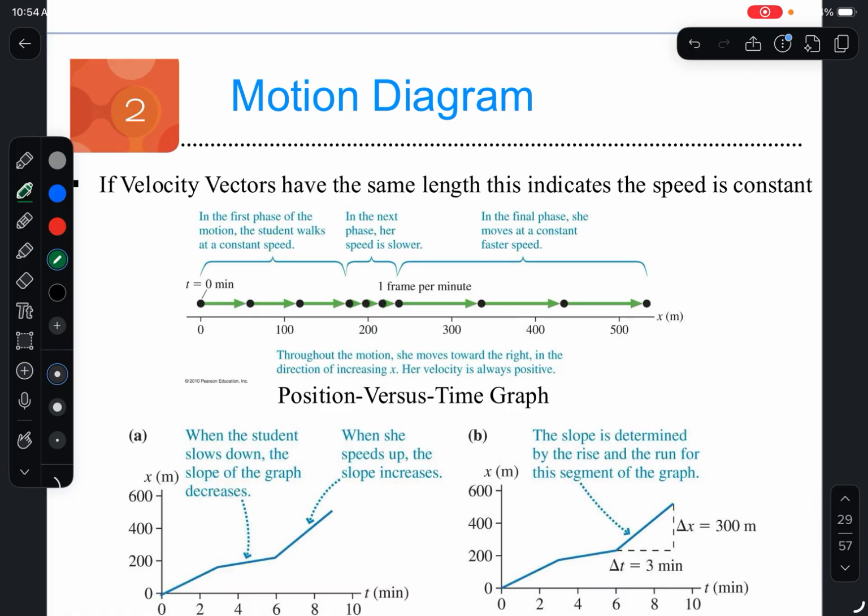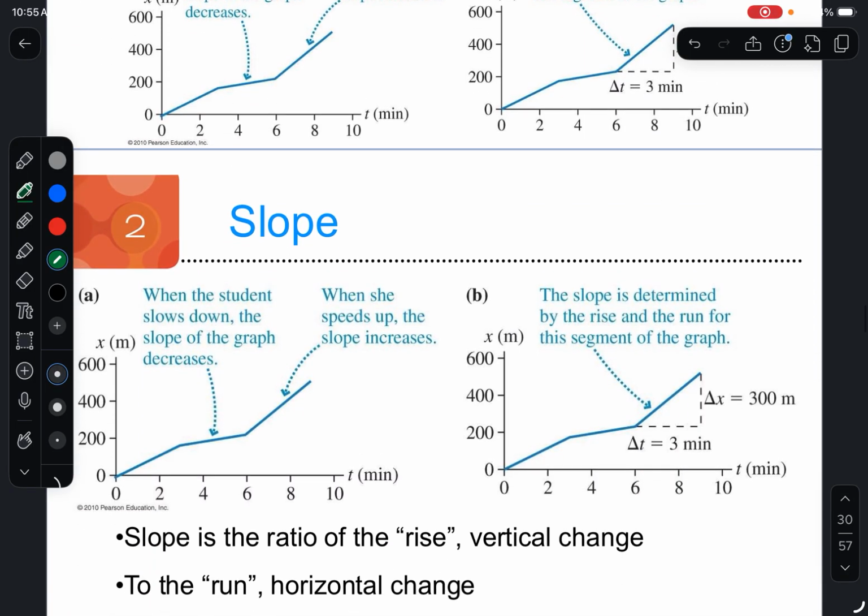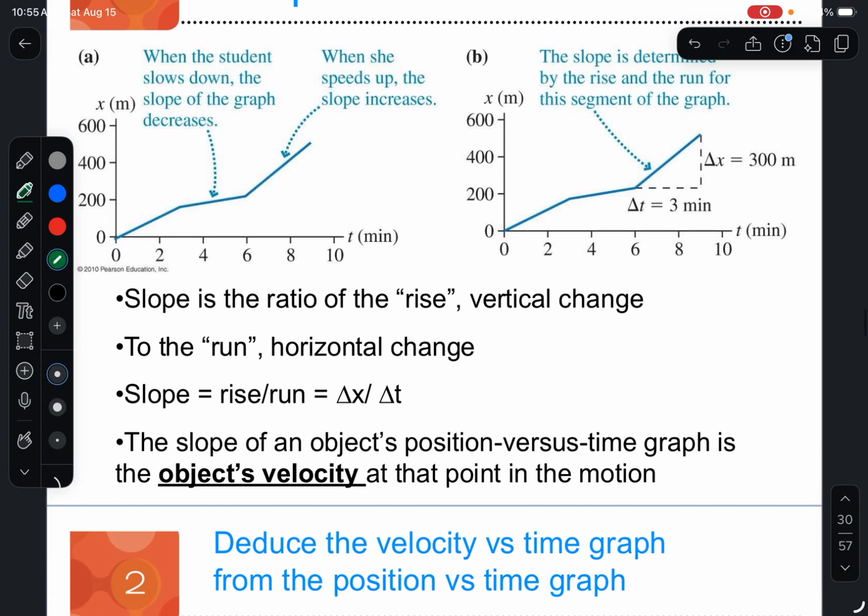So this becomes a lot clearer if we graph it in terms of our position versus time graph, and you can see the different slopes of our three segments. So how do we determine slope? Well, slope is the rise over run.